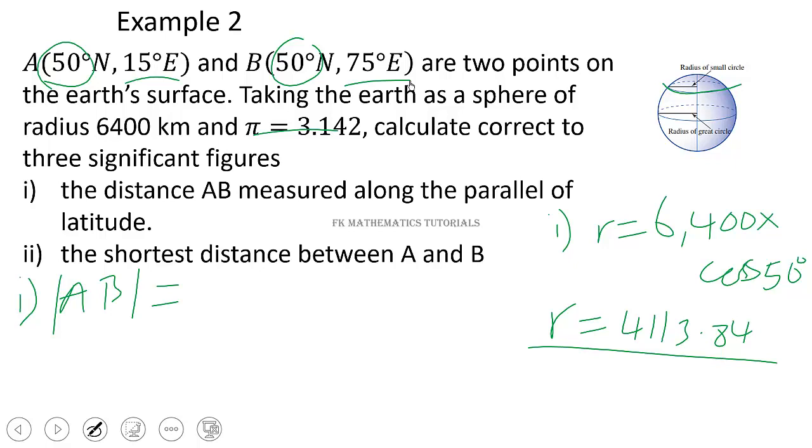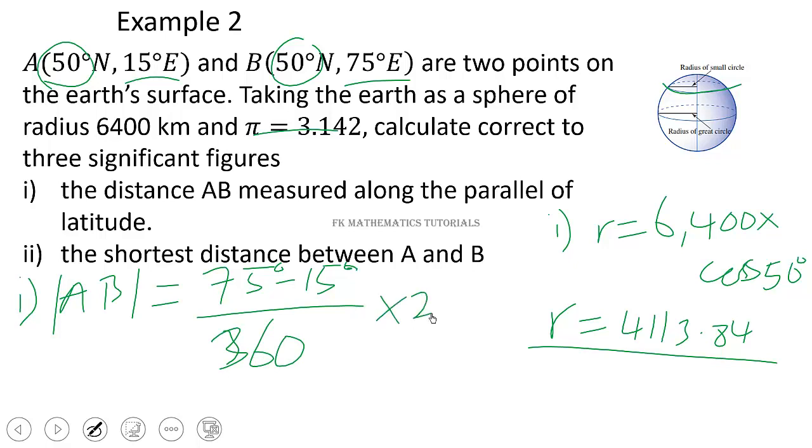We can see that the points A and B are all to the east. So the angular distance will be 75 minus 15. So 75 degrees minus 15 all over 360 times 2 pi. So pi is 3.142, times r.